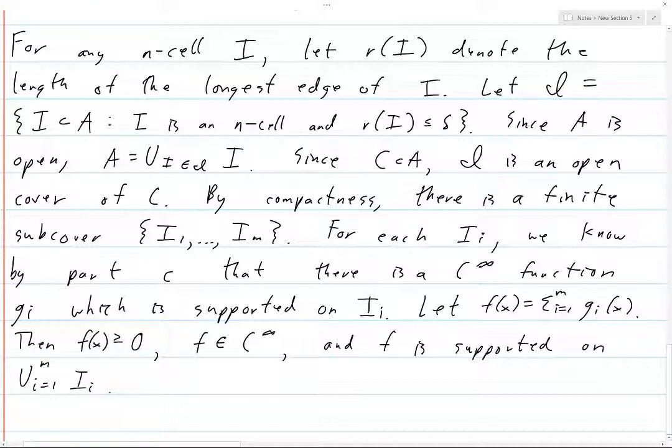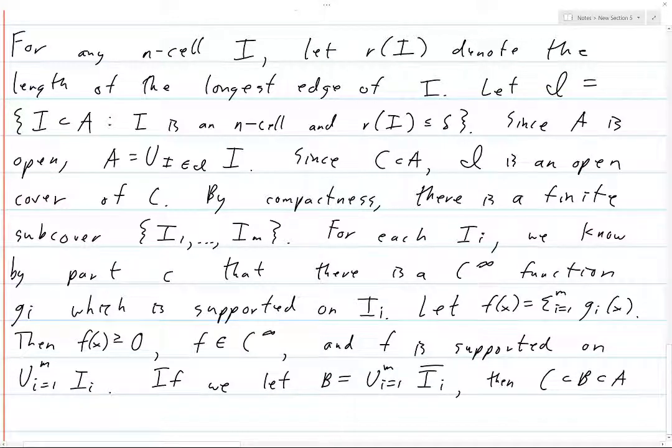If we let B be the union of the closures of these n cells, then C is contained in B is contained in A. C is contained in B because B is just the closures of an open cover of C. So in particular, B is a cover of C. And more importantly, B is contained in A because of how small delta is.